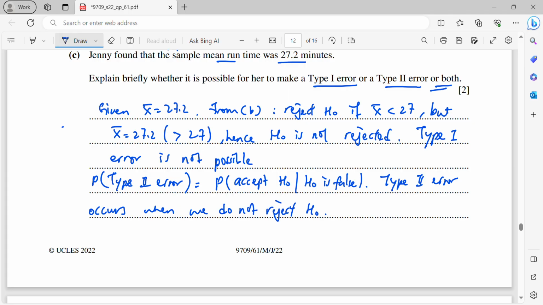As mentioned earlier, since x bar is greater than 27, it is not rejected. So here we do not reject H naught, which means, hence, type 2 error is possible.